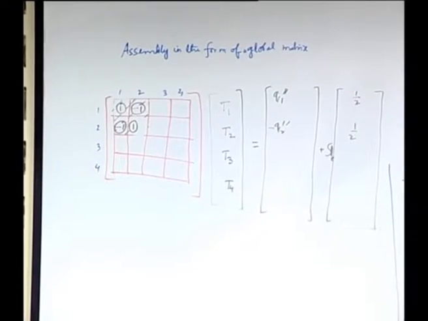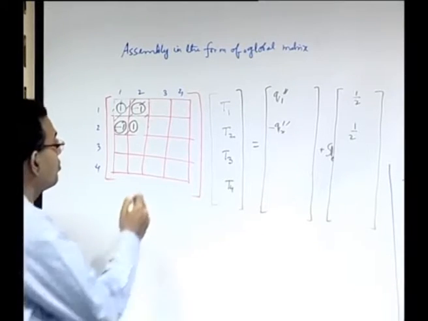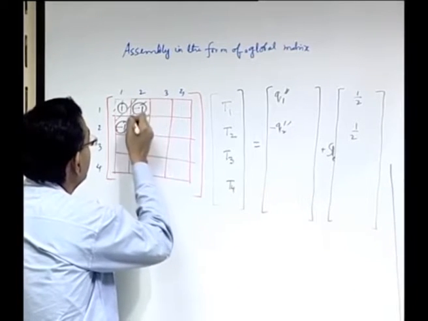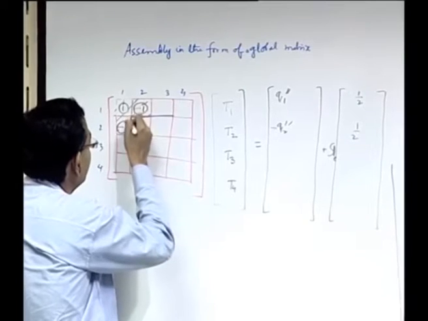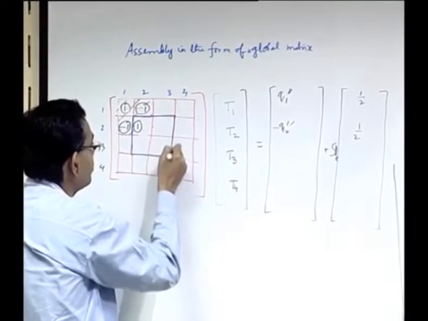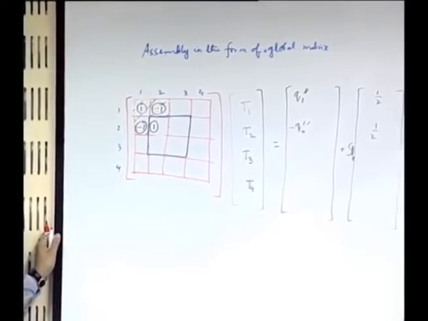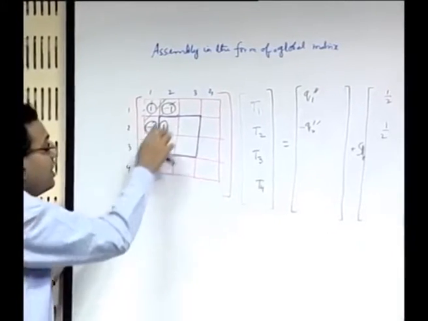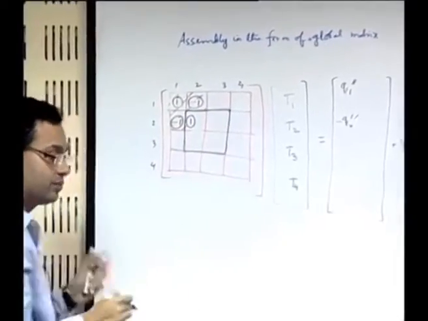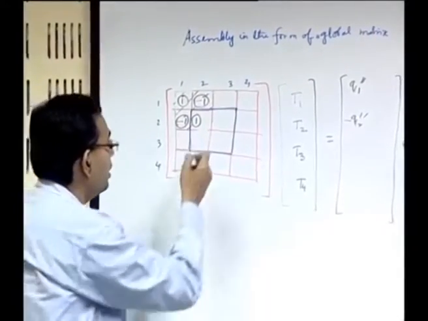2 and 3, right. So, what will be the activated part? 2 and 3 both from the row and the column side. So, this will be the corresponding active part of the global matrix. So, you have 2 and 3 and here you also have 2 and 3. Again it will be 1.